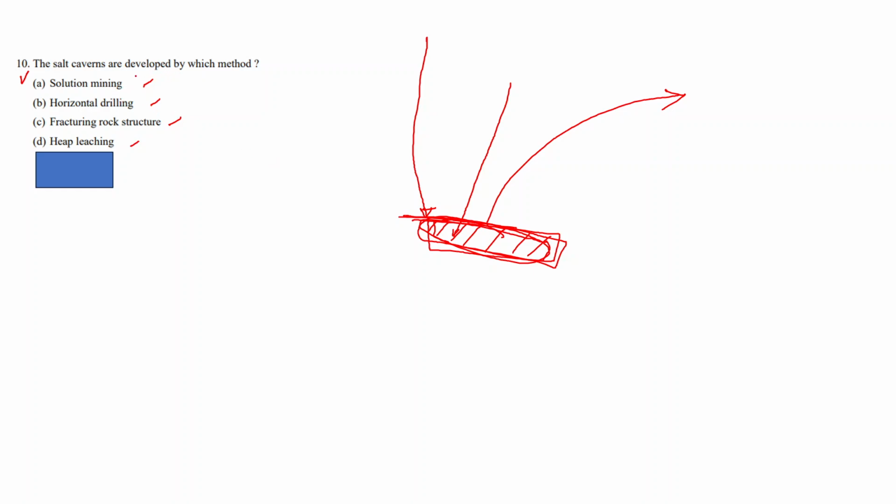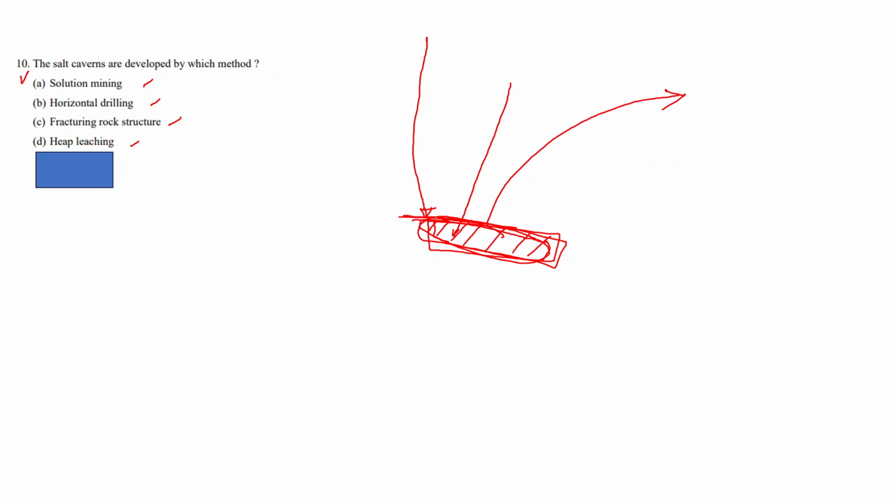So the salt caverns are developed by which method? You think solution mining? Solution mining means I am inputting some water and the salt dissolves into the water, and this dissolved salt is leached out using a pump to create a hollow space inside the rock.